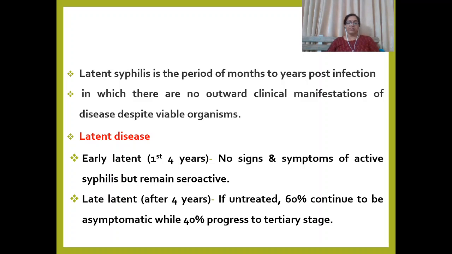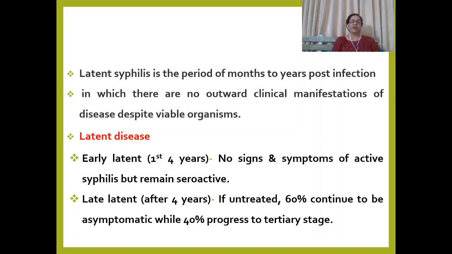So in primary syphilis, chancre; in secondary syphilis, there is condylomata, while latent syphilis is without showing any such symptom. In the latent disease, that is in the early latent stage, which is the first 4 years, no signs and symptoms of active syphilis, but they remain seroactive.